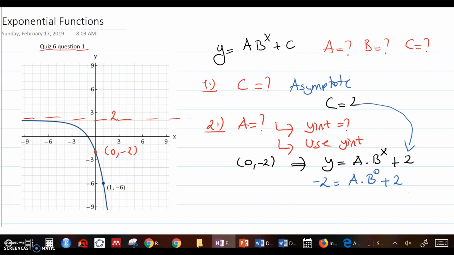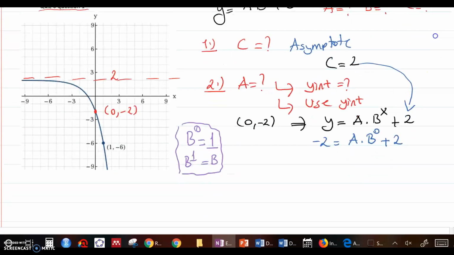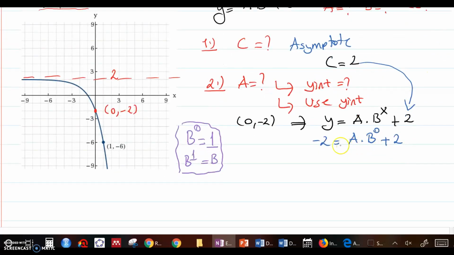Now, side note here. b to the power 0 will be 1. b to the power 1 will be b. So this is an important aspect of exponential functions. Anything to the power 0 will be 1. Anything to the power 1 will be itself. So we need to remember this. All right, keep going.